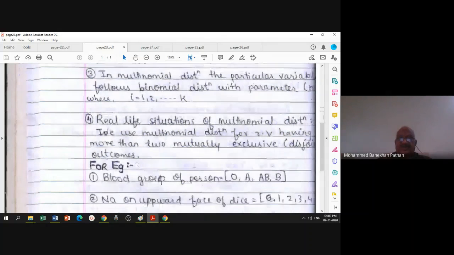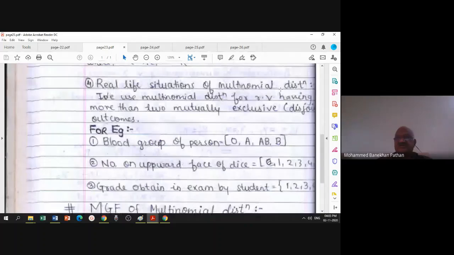Let us proceed ahead. Real life situations of multinomial distribution. We use multinomial distribution for a random variable having more than two mutually exclusive, that means disjoint, outcomes.